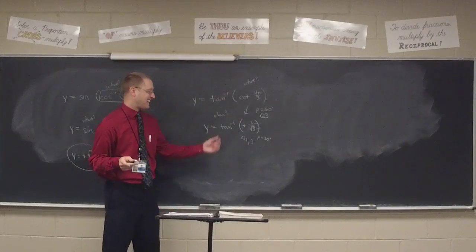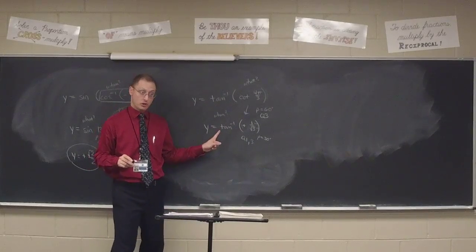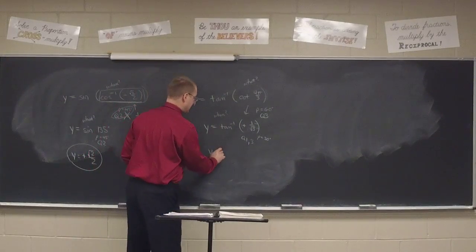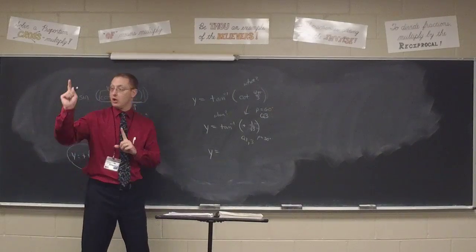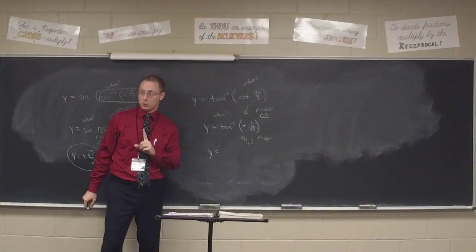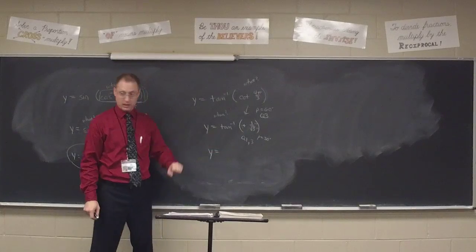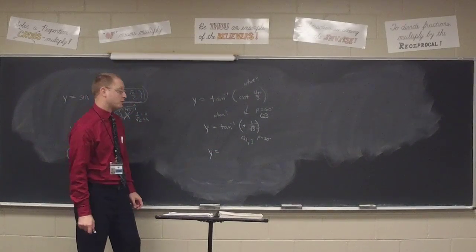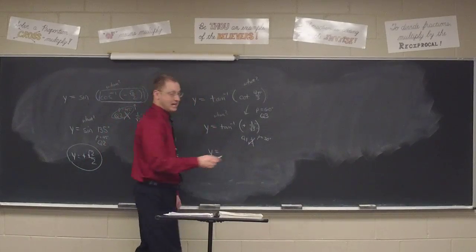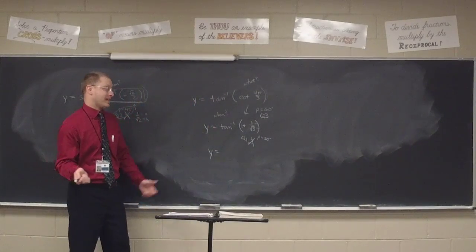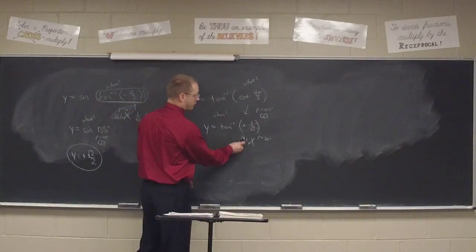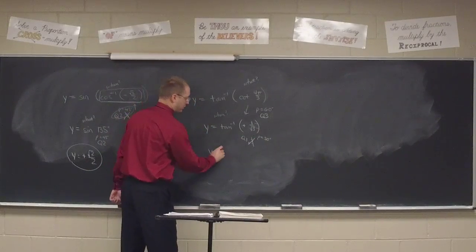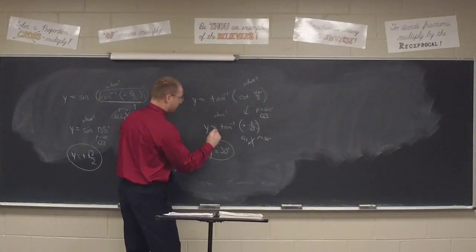But I can't have two answers, remember, because this is an inverse function. Inverse function is limited to one solution. Which solution must I rule out? Quadrant 1 or quadrant 3? 3. I have to rule out quadrant 3. It's negative 90 to 90 in parentheses. So that rules out quadrant 3. I must go with the quadrant 1 form of 30, which is 30 degrees. And there's my answer.